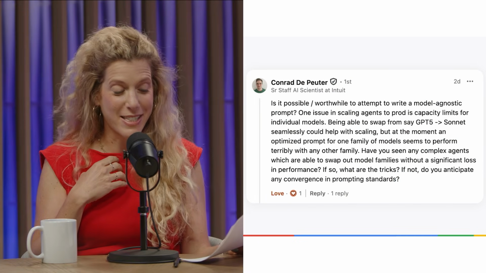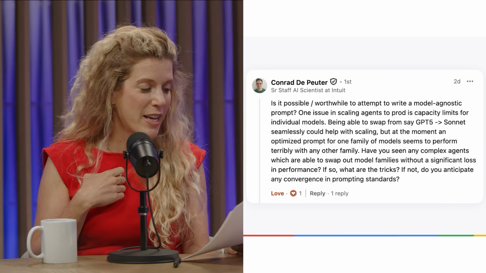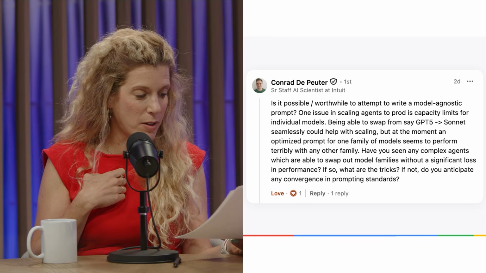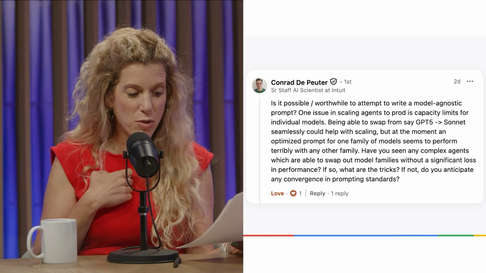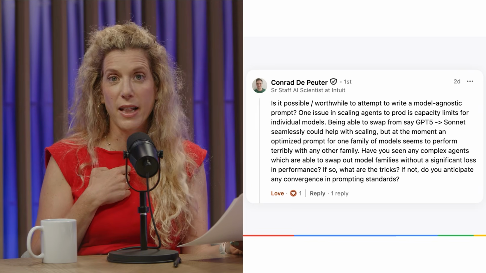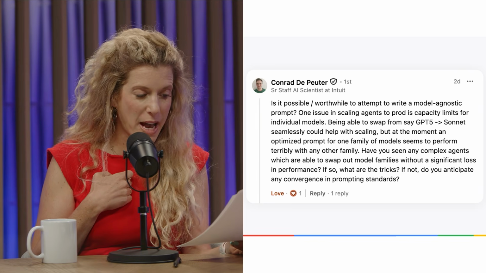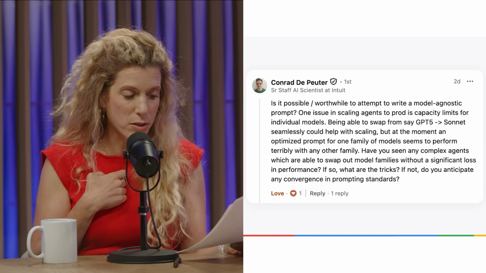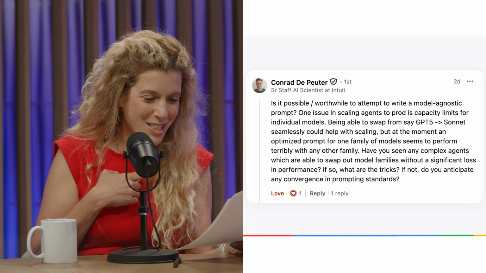So here is a great question coming from Conrad Deputer, a senior staff AI scientist from Intuit. He's asking, is it possible or worthwhile to attempt to write a model-agnostic prompt? One issue in scaling agents to prod is capacity limits for individual models, like we just mentioned.